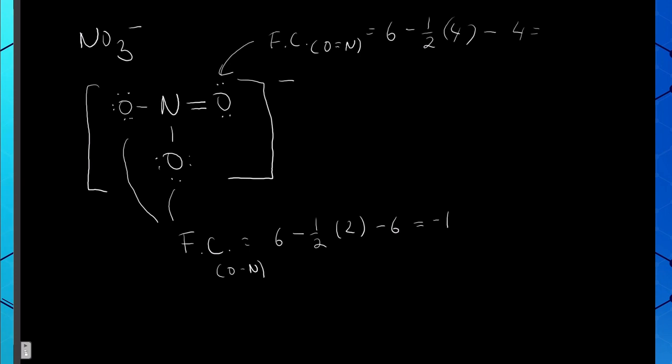And so that would equal 6 minus 2 minus 4 equals 0. And then if we calculate the formal charge for this nitrogen right here, nitrogen has 5 valence electrons, and minus 1/2 times 8 electrons that are bonded to something else.